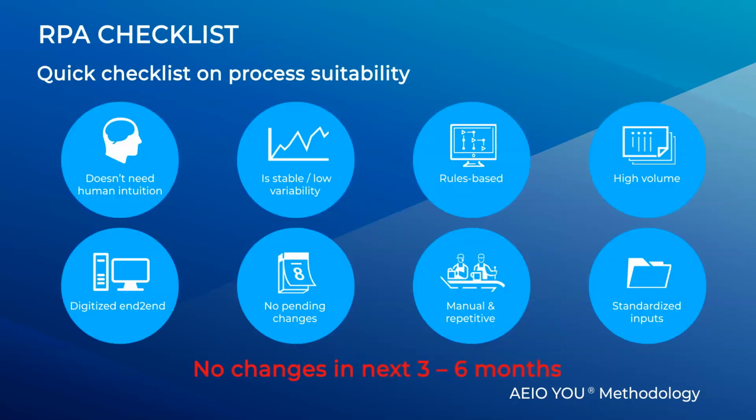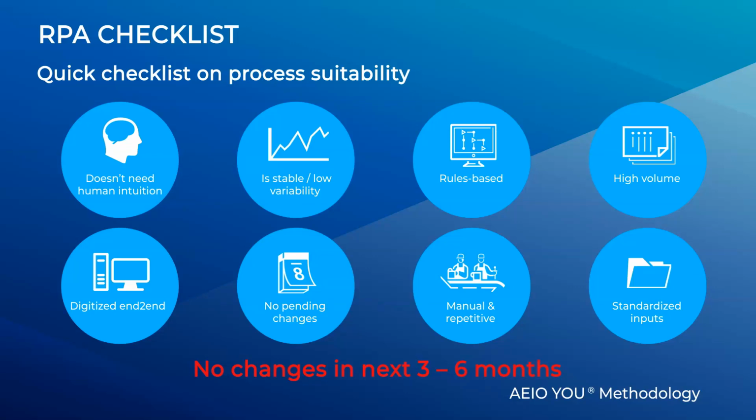In a one-to-one session or in a questionnaire, use this 8-question checklist for the SMEs to complete for each process. Does the process need human intuition? Is it stable with low variability? Is it rules-based?